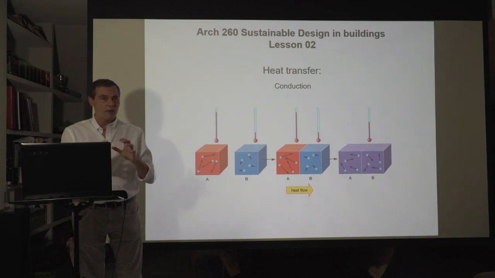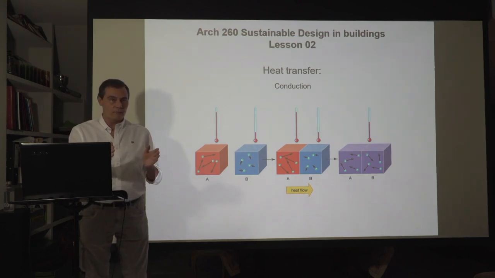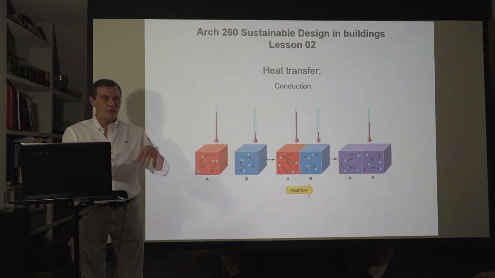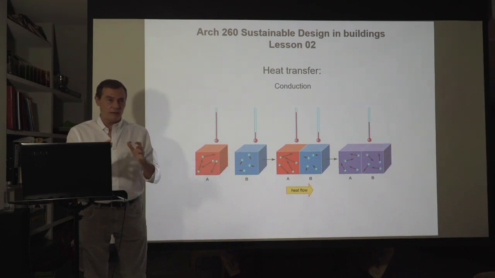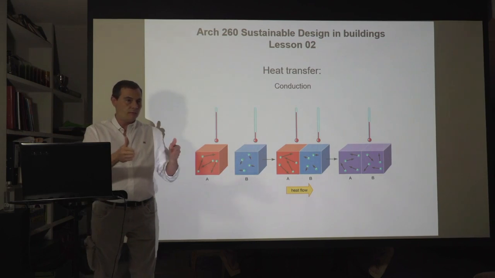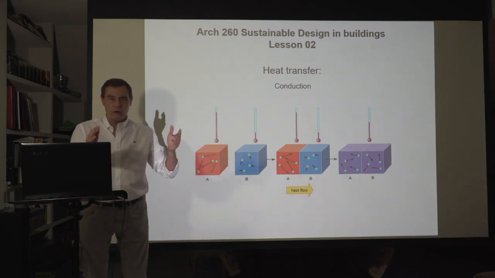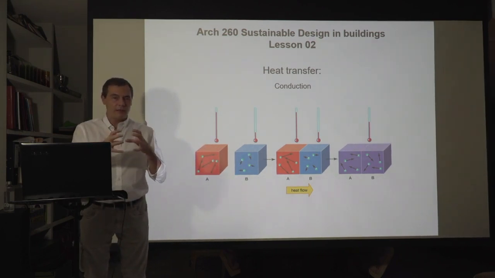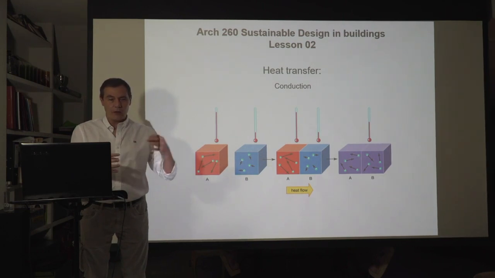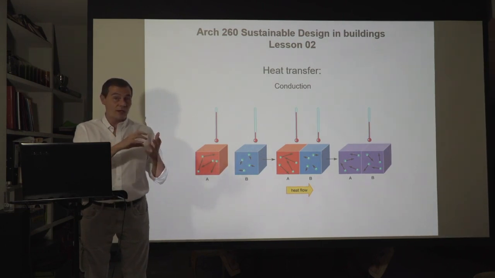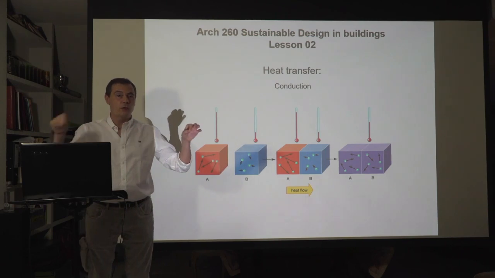We talk about conduction with solids, not gases. We have a solid matter, a brick, concrete, wood, whatever, something that is solid. It transfers heat from one point to another point of the solid.